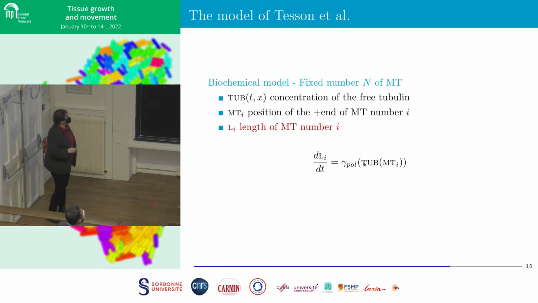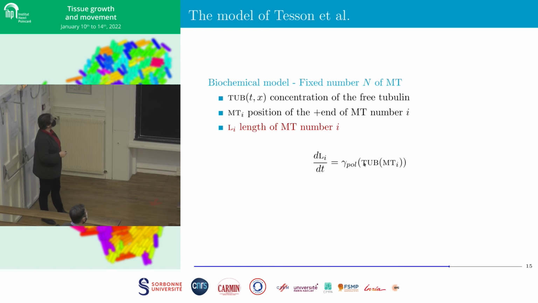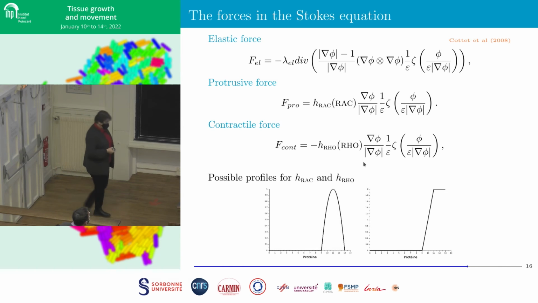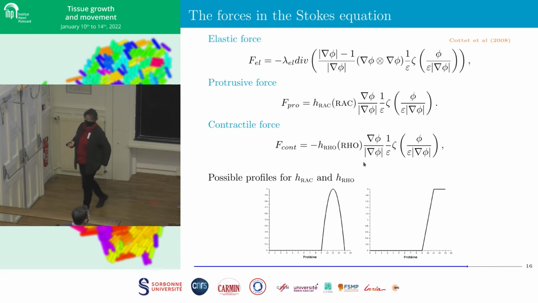And finally, the length of the microtubule is just linked to the velocity of polymerization and depends on the position of the microtubule. So, with this, we can come back to the forces that we had in the Stokes equation. We had three forces.